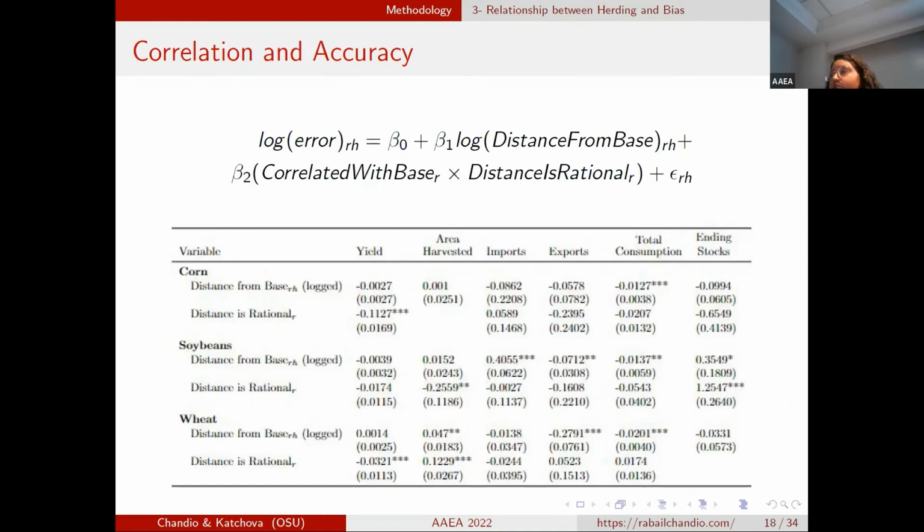So if ending stocks are unreliable, if total consumption is unreliable, that means that the US yield and area harvested are also going to absorb some of that inaccuracy, and then that inaccuracy is going to go back to the US specific level forecast that they have domestically.